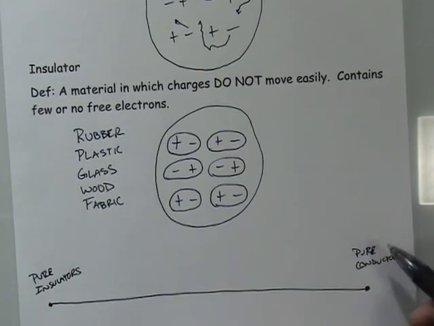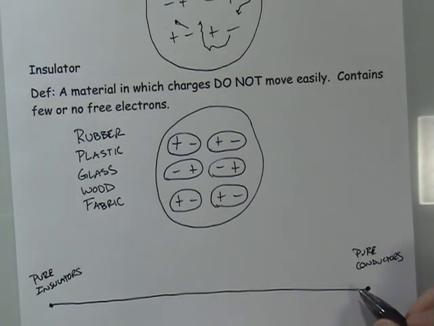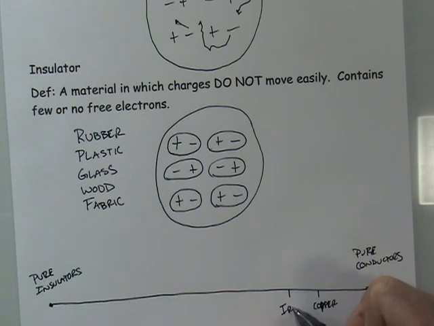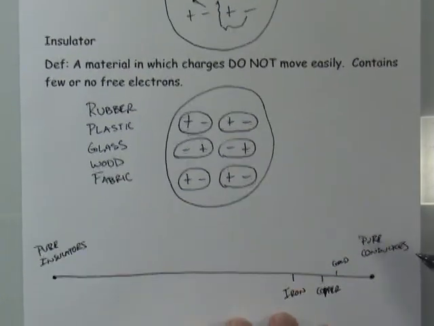Well, on the pure conductor side, metals are not pure conductors. They're good conductors, but they're not pure conductors. So on this side, we would have things like, for example, copper. Copper is a really good conductor. It's not a pure conductor. Not quite as good a conductor would be something like iron. Gold, on the other hand, is even better than copper as a conductor.